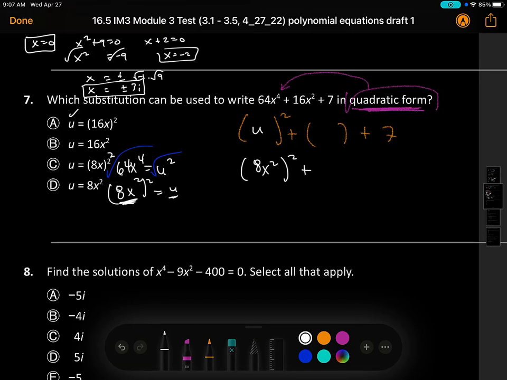If I put an 8x squared here, so we wanted a u, in this case you would have to put a 2 here, because 2 times 8x gives you 16x. Excuse me, I'm throwing an x there too, because that would be 16x squared plus 7. Okay, so let me move this. This is probably better if I did it this way, up here.